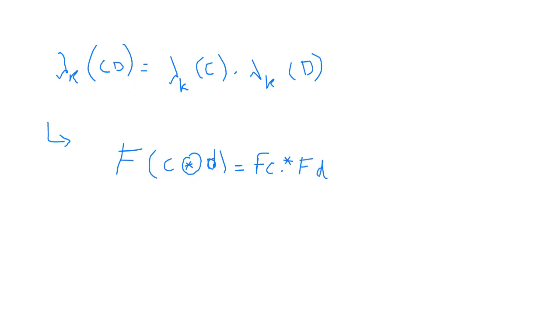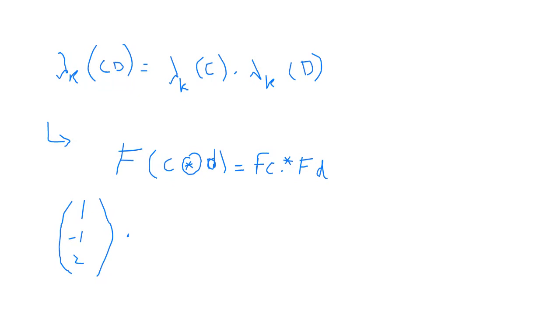As an example, let's say I have these eigenvalues for C: 1, -1, and 2. These are the lambda C's.